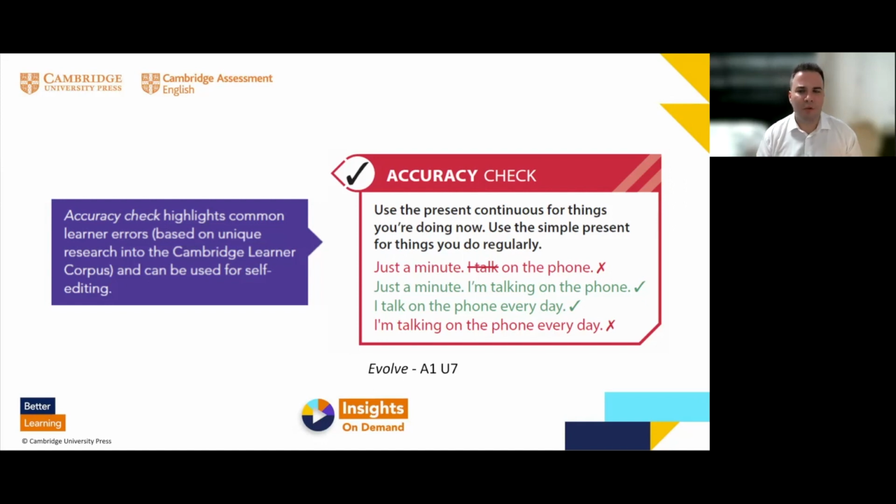And so the accuracy check found in each unit of Involve highlights common learner errors for that level as found in the Cambridge Learner Corpus, helping students avoid these errors in their speaking and writing.